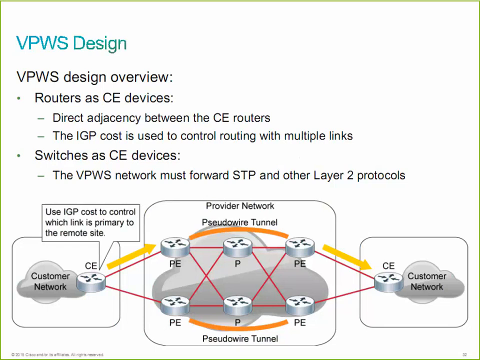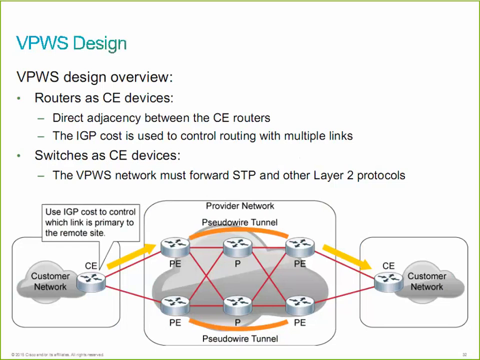What's the advantage? Well, the advantage of this solution is that we gain complete control over the routing in the WAN, right? And we don't have to worry about the provider participating in routing and carrying attributes across the BGP domain, et cetera, like we talked about with a layer 3 MPLS VPN. These are layer 2 MPLS VPNs. All right. So we don't have to have some sort of peering relationship with the service provider.